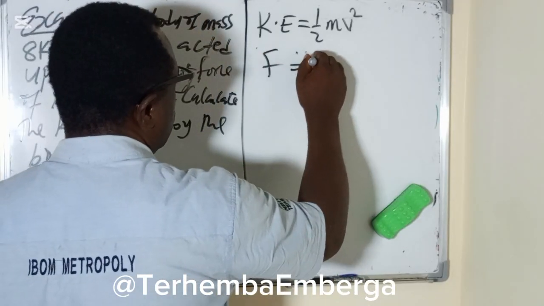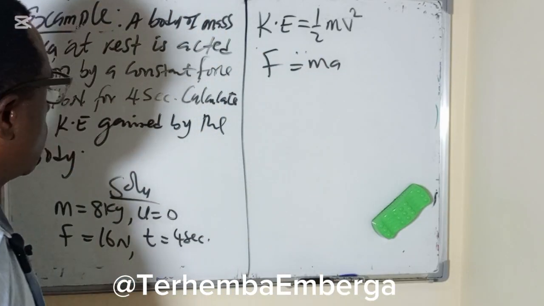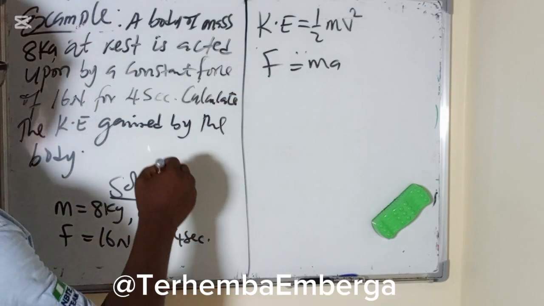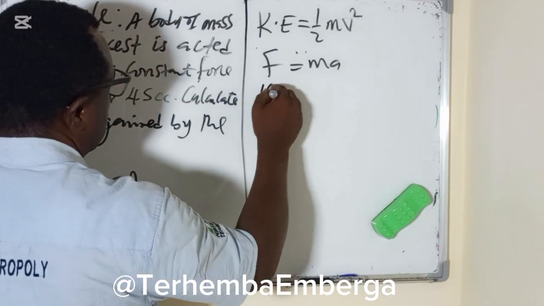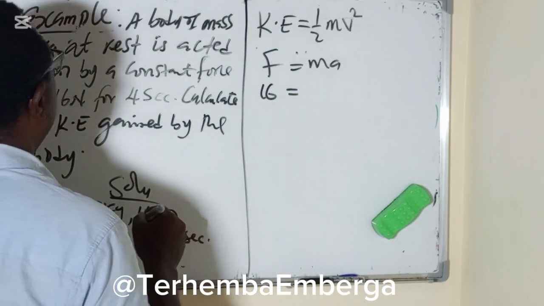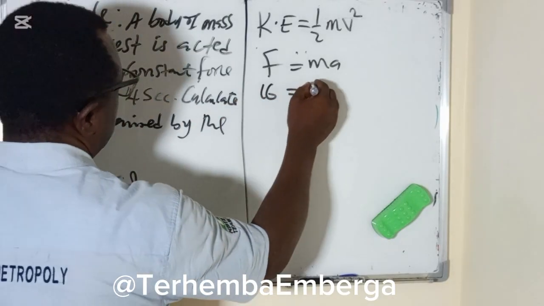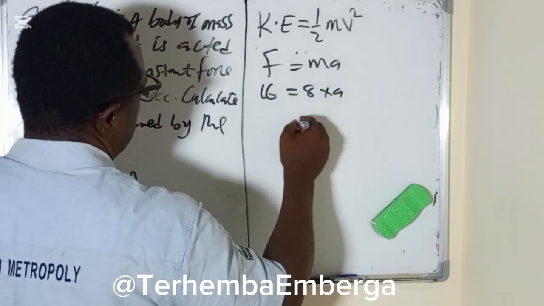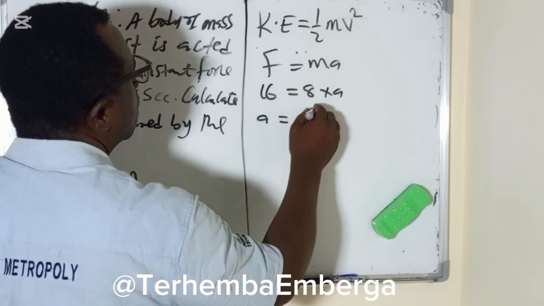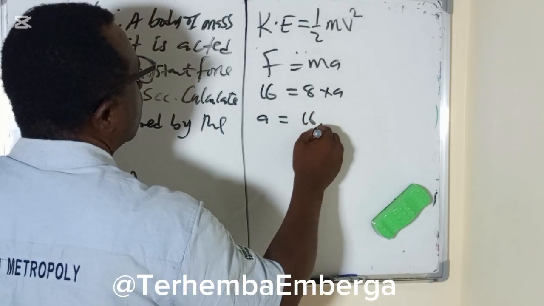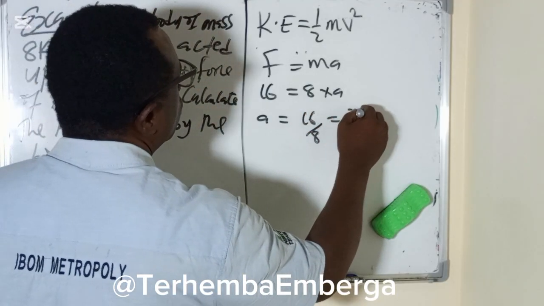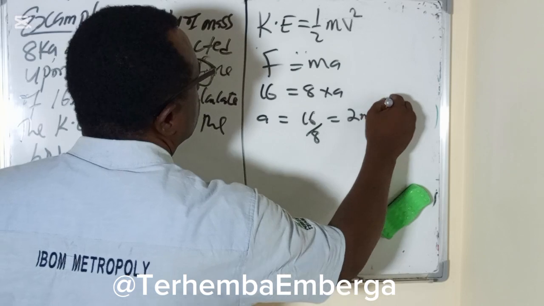Know that F is equal to ma. Force is given. Our force is 16, equal to mass, which is given as 8, times a. So a will be equal to 16 by 8, which will give us 2 meters per second squared.